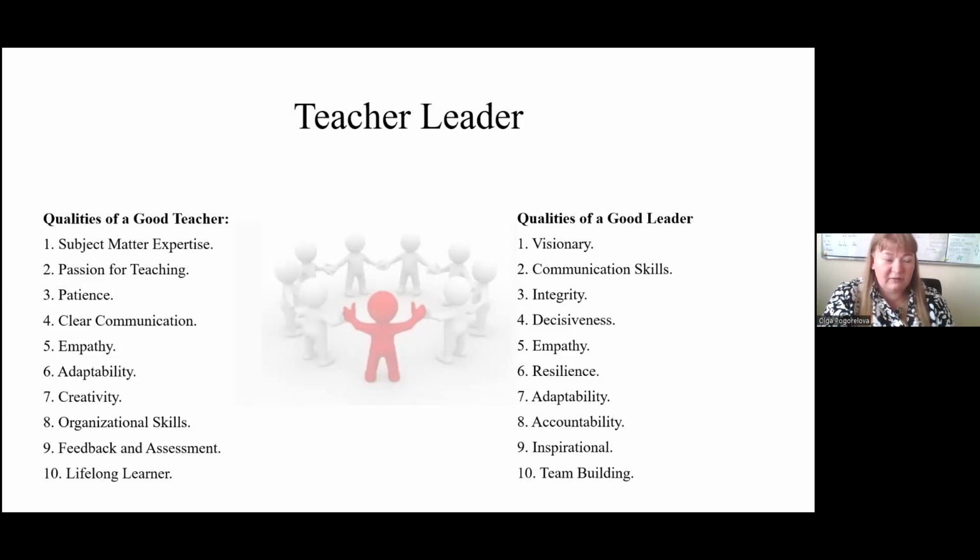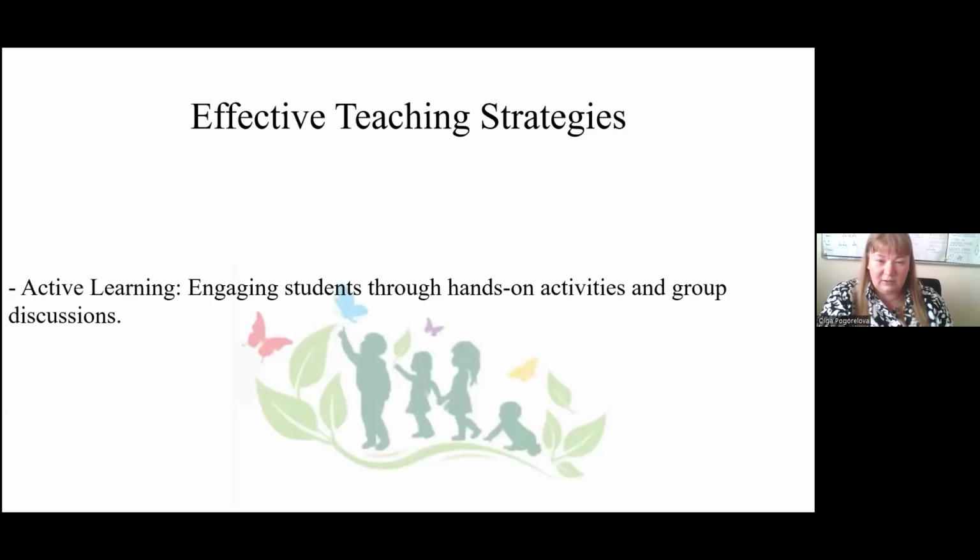And for instance, we have number 8, which is organizational skills for a good teacher, and then we have team building as a quality of a good leader. So all teachers are leaders in their class, and depending on their personal and professional development, they become better teachers and they become better leaders, which directly, as we said, has a strong impact on the literacy outcomes.